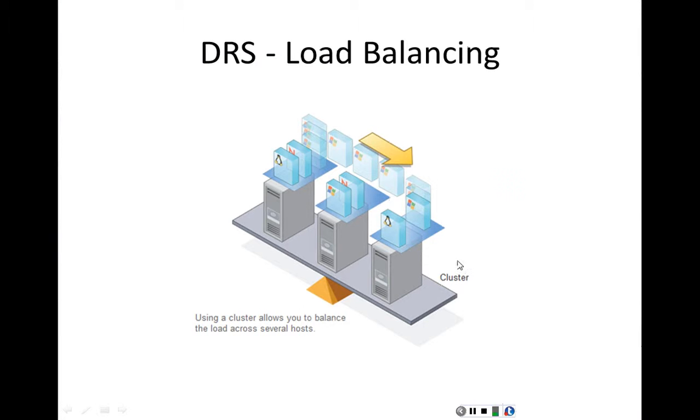In other words, if you have one ESXi host which is hardly doing any work at all, it's at 10% utilization, and you get another ESXi host which is heavily loaded, it's at 90% utilization, DRS can move the virtual machines from the more busy ESXi host to the less busy ESXi host for the purpose of load balancing.